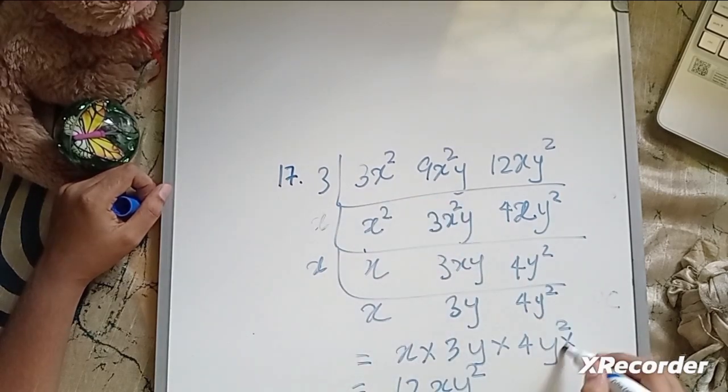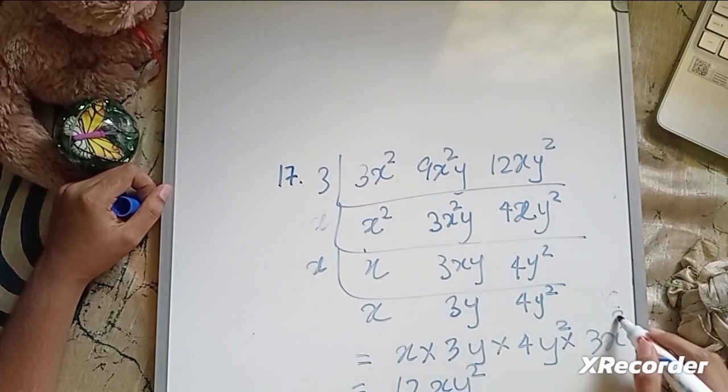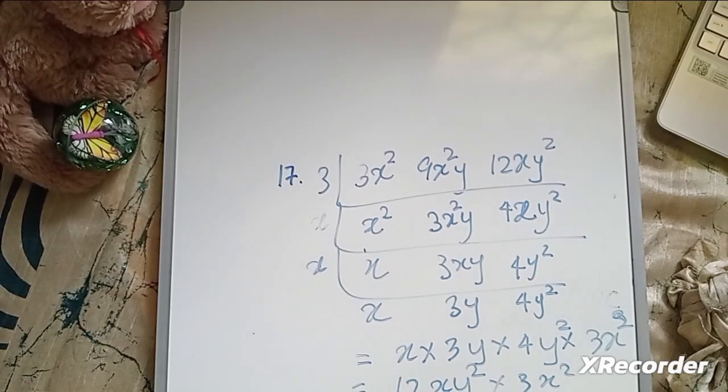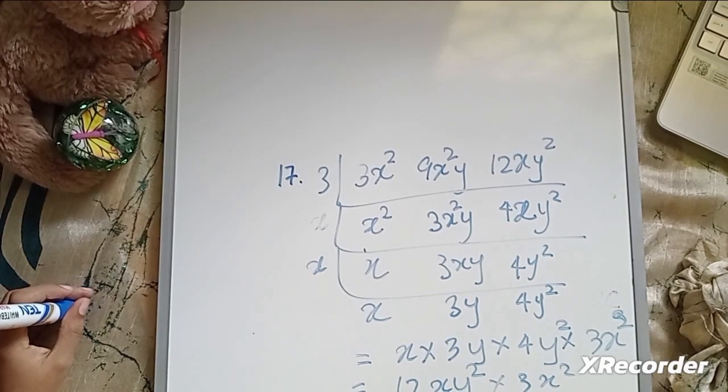And also we have this 3x squared. So then we can write the answer as 36 x to the power 3 y to the power 2.